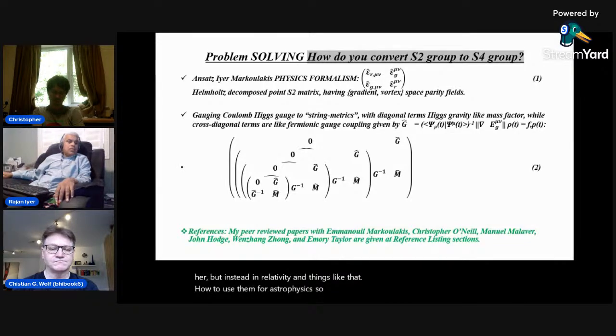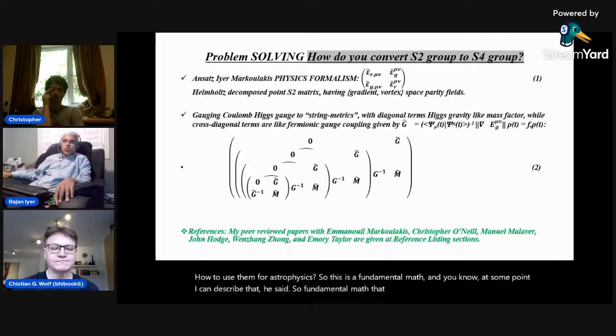This is a fundamental math, and at some point I can describe that. It's so fundamental that it's a new thing that connects the inner product, outer product, and a special function.